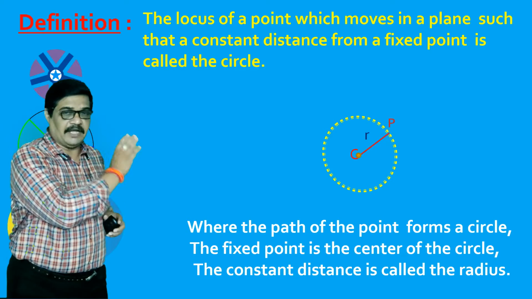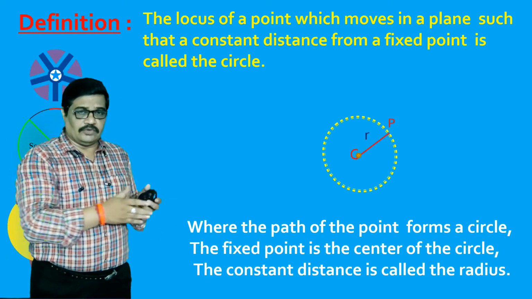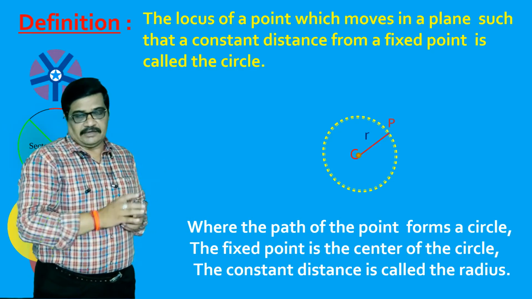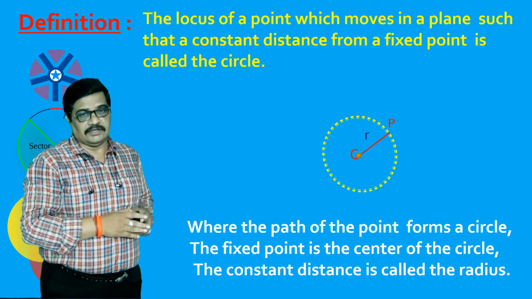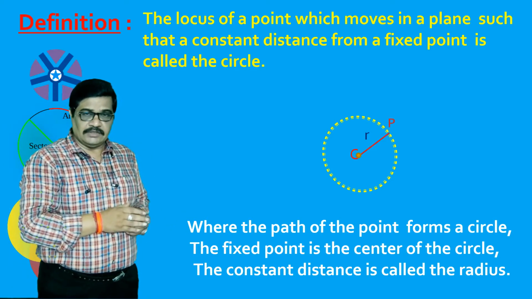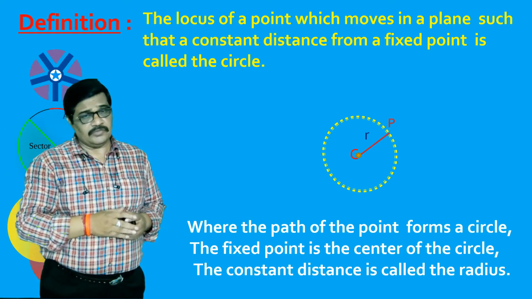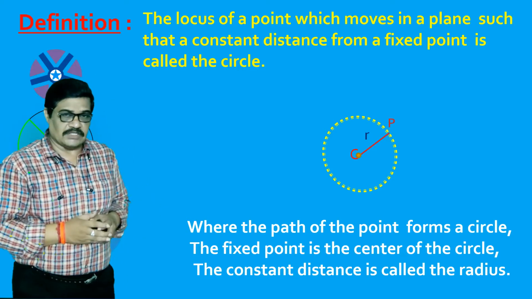That is the mathematical definition of the circle. So we have to solve problems given like this. We have to find the locus of a point which is 5 units away from the point (2,1). How to get the locus?